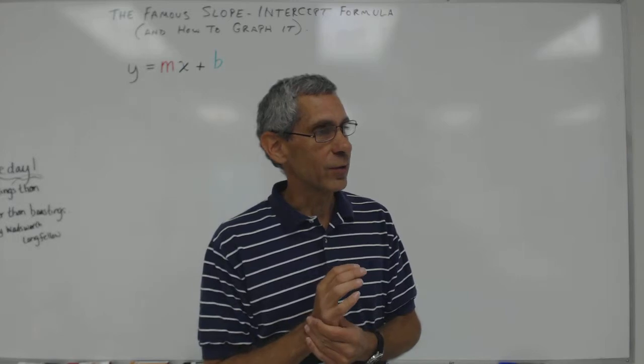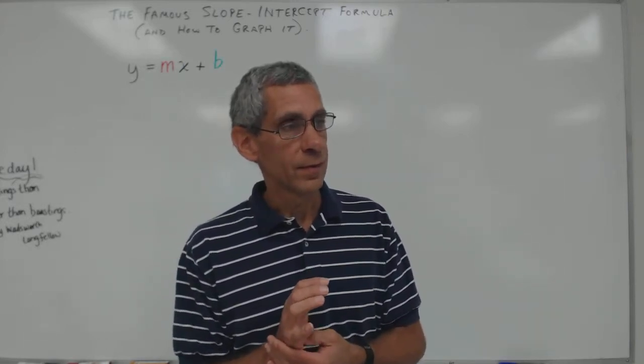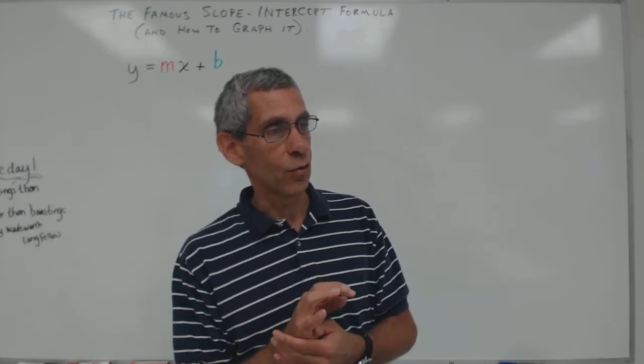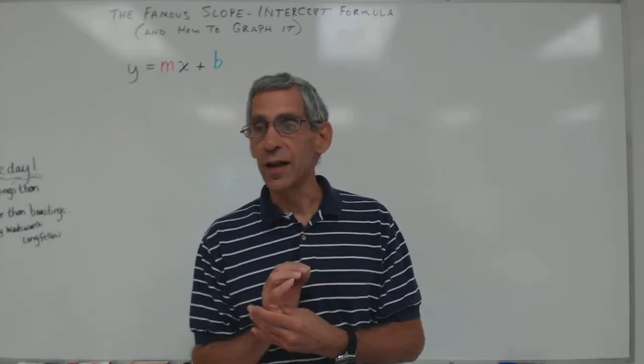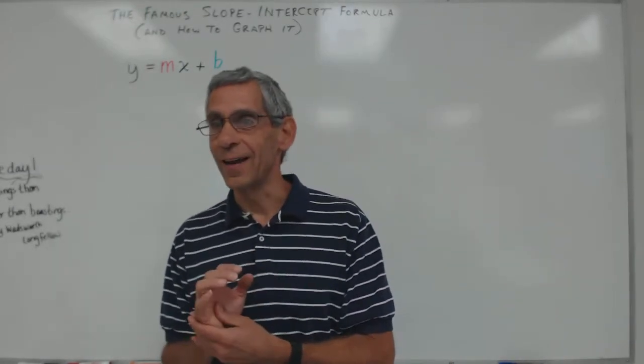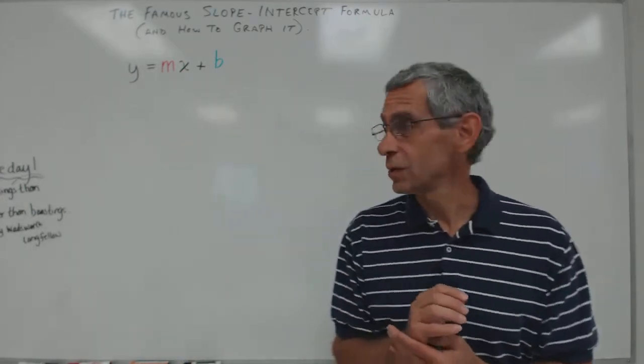X equals negative b plus or minus the square root of b squared minus 4ac, all over 2a. It's kind of a nightmare at first until you learn it and understand it.